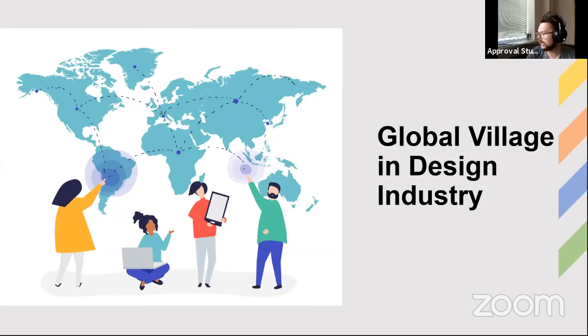What it means, especially in the design sphere, is that modern technologies just shrink the world. 100 years ago, to communicate with somebody from Canada or the USA when you're in Europe, you had to spend thousands of dollars and months, if not years, to get from one place to another, or use a telephone, where again it would be expensive. Right now, with the internet and modern technologies, I can be on the beach somewhere and speak with somebody in the office without any problems.